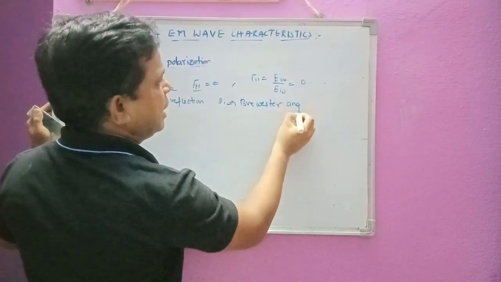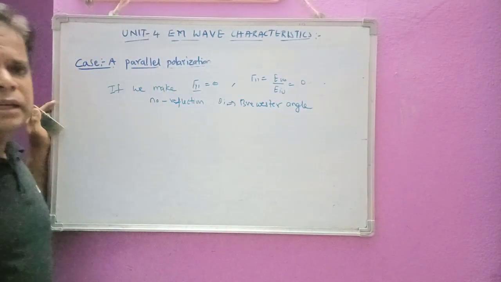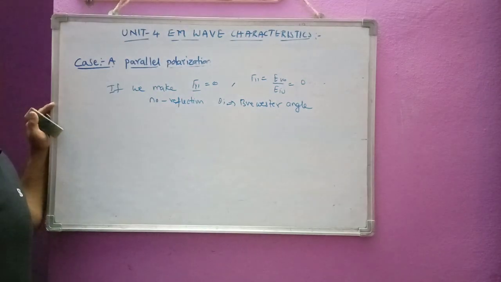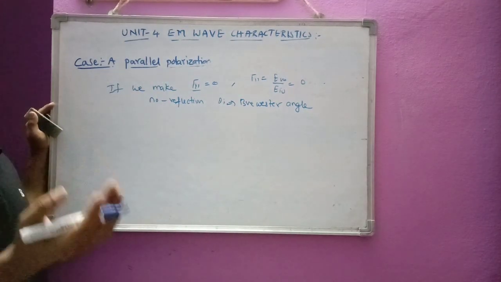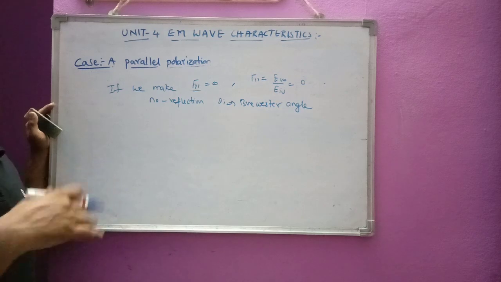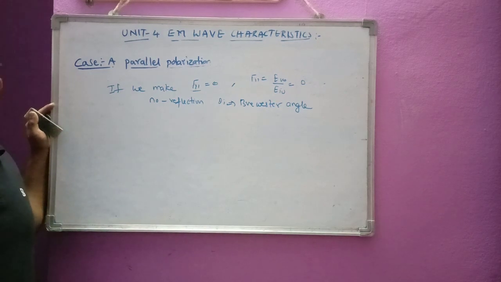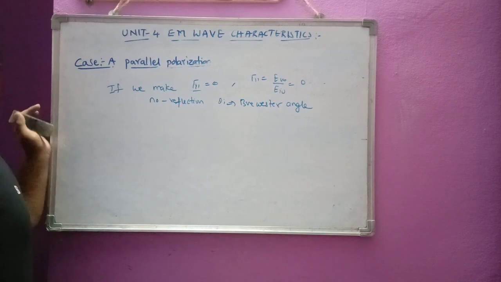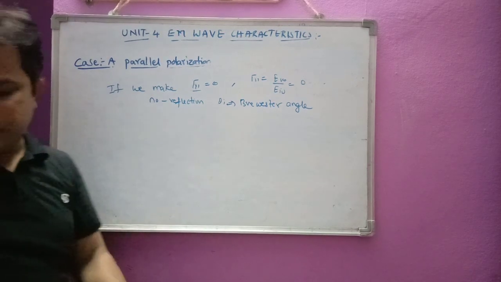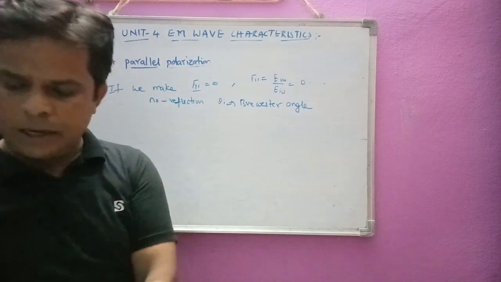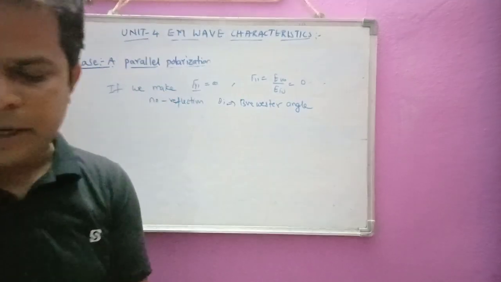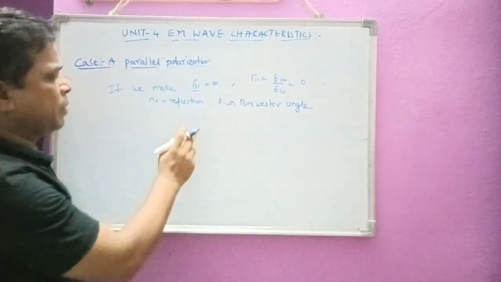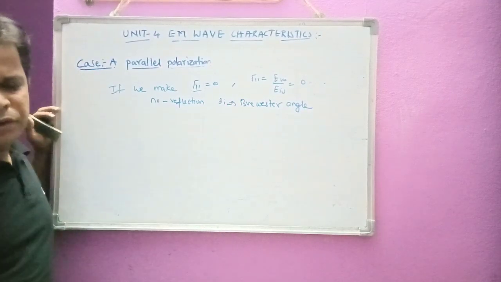So at the Brewster angle the reflection coefficient is 0, that is, there will not be any reflected wave here. The Brewster angle is also known as the polarizing angle, and here we are going to use the perpendicular. So here we will try to find the Brewster angle.